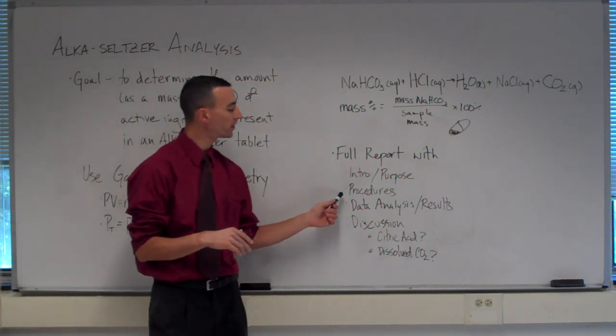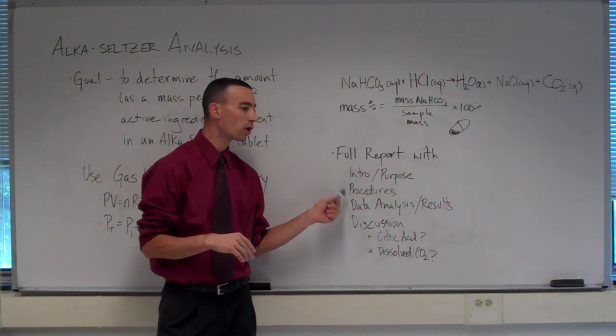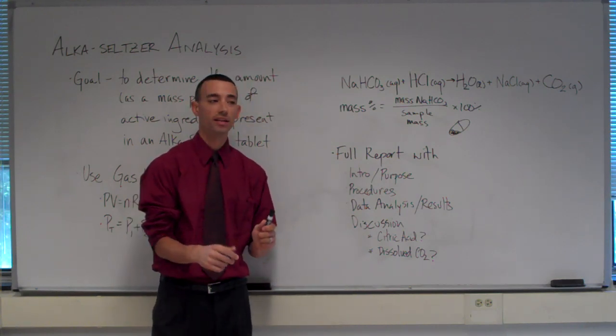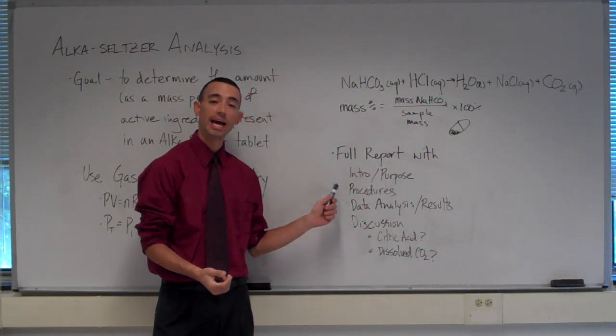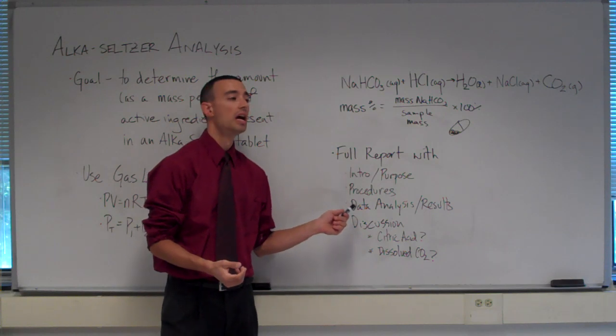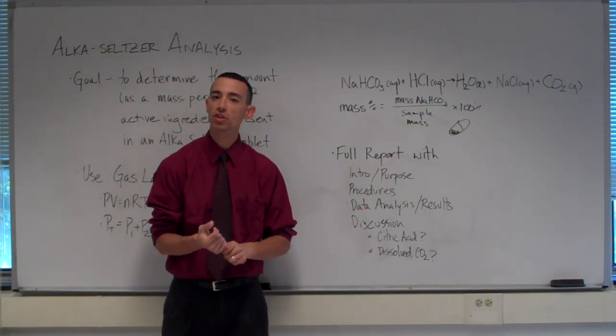You'll want to give a brief summary of your procedure. You should not state word for word the procedure from your laboratory manual. That is not what's needed in a lab report. A lab report should summarize the procedure. Try to avoid giving exact numbers in your procedure section as well.